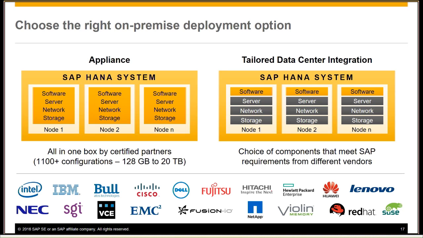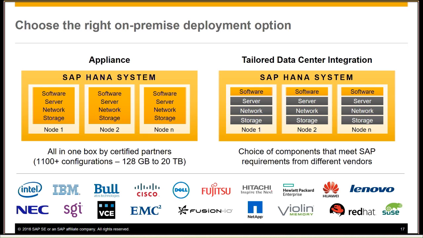Now, since we have been in the market for the past 5 years, we learned a lot from our customer experiences, and what we have done is we have been relaxing the appliance standard requirements slowly. What it means is we have introduced something called tailored data center integration.